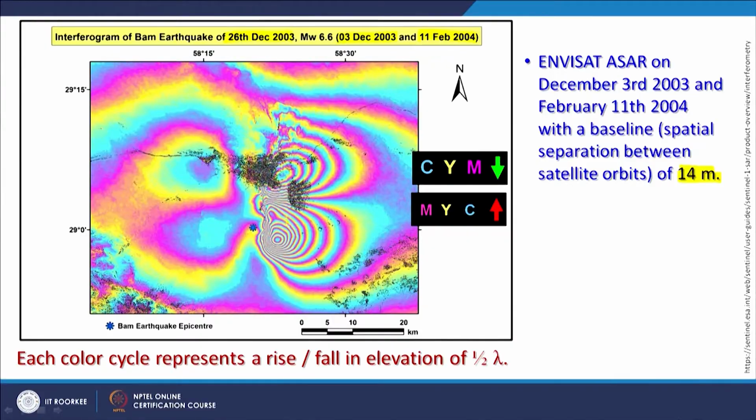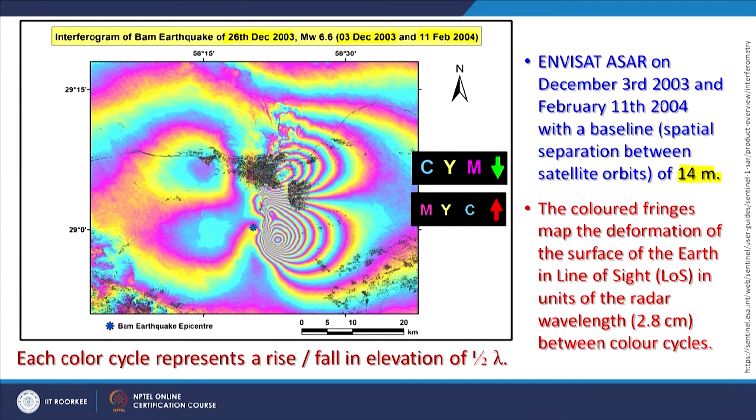If I start counting here, I will get these patterns first, like for example here I am getting cyan, yellow and magenta, and here, if I start from there, I am getting magenta, then yellow and then cyan. So that means the lower part has got upliftment, the upper part has got the subsidence, that we will see through a deformation map as well.